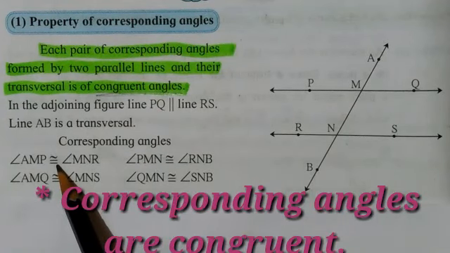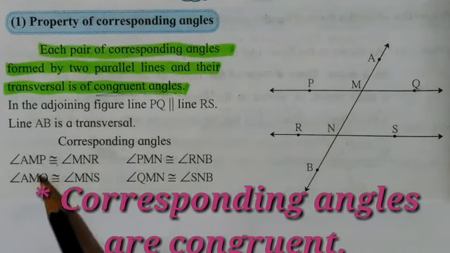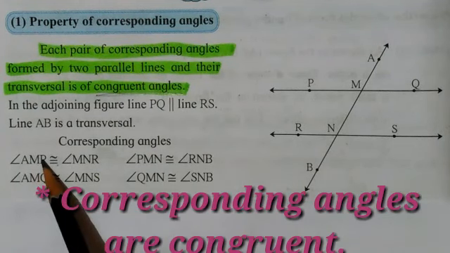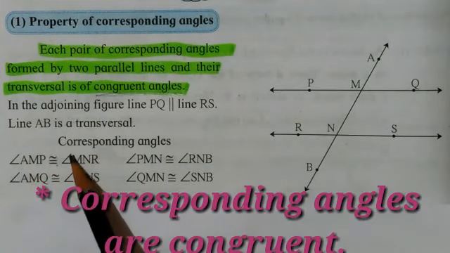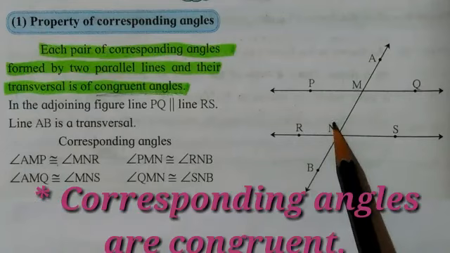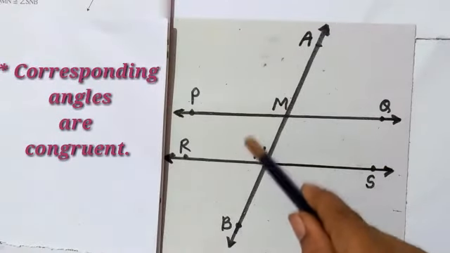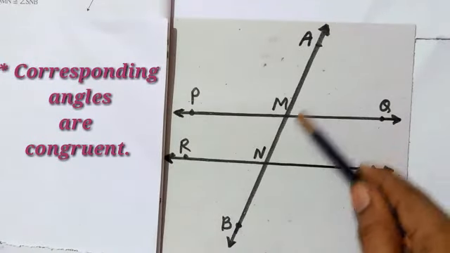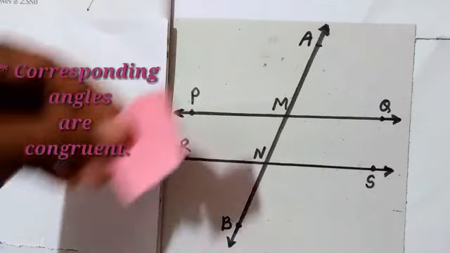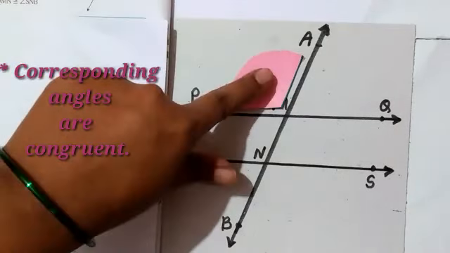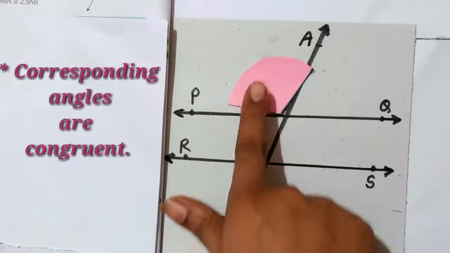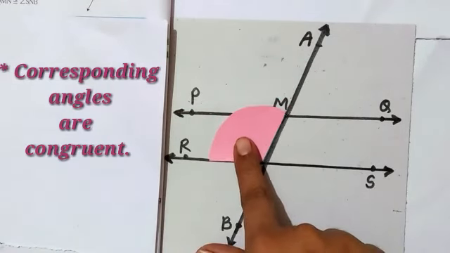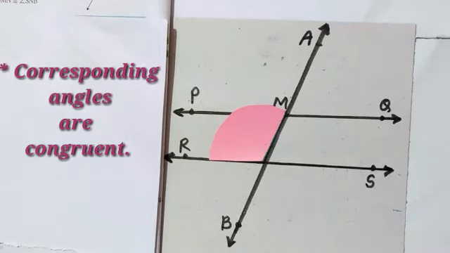So this is the symbol of congruent. We have to write this pair: angle AMP is congruent with angle MNR. These are the four pairs of corresponding angles. See here now, suppose this is angle AMQ, which is congruent to angle MNS. Both have the same measurement.